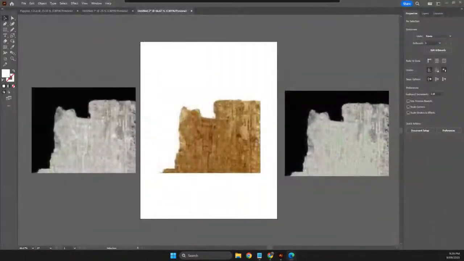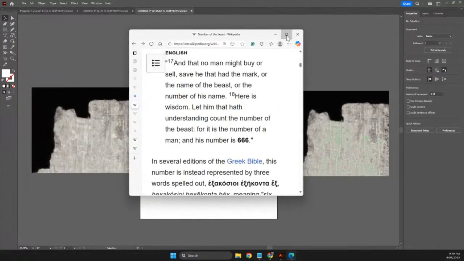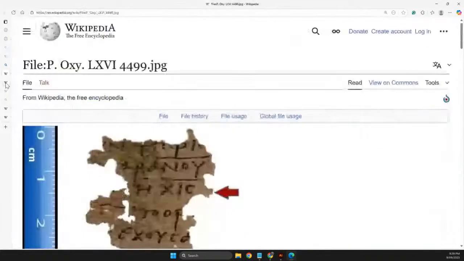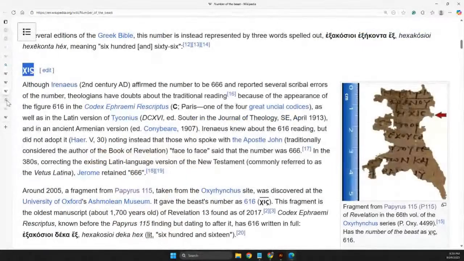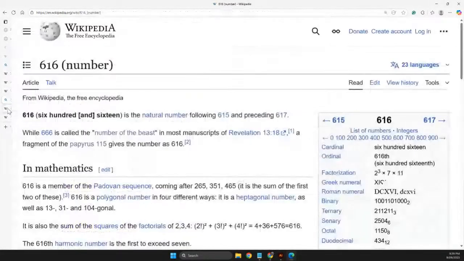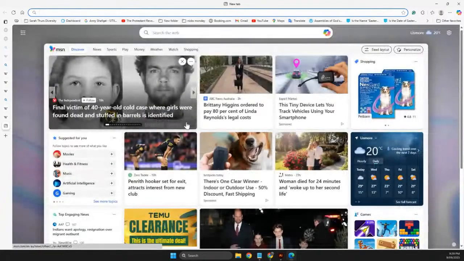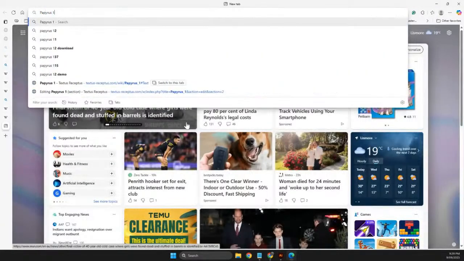Irenaeus talks about this, but before I get into that, I want to find some more high-res pictures of this. Let's just keep going through. Now, I might just do a new search. Papyrus 1.